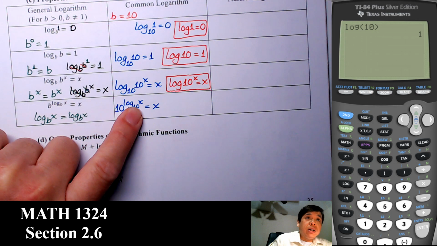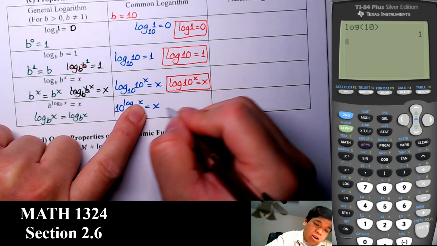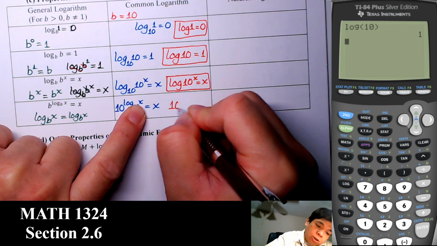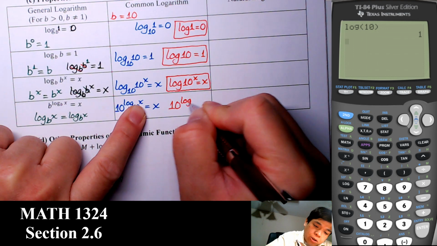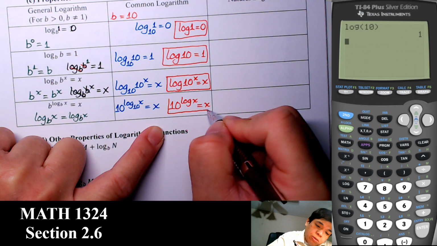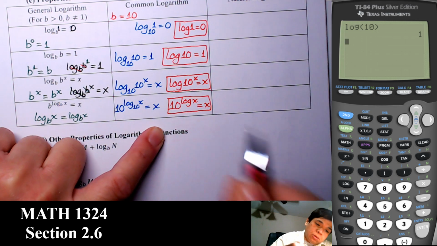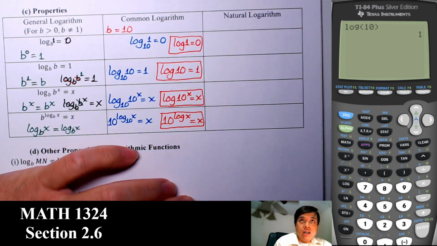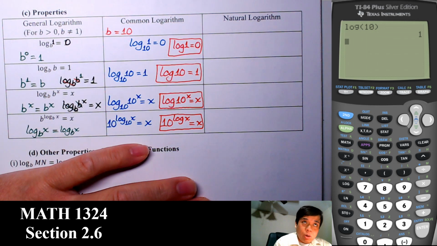And then for the common log we don't need to write the base 10 in the log. So that is common log when b is equal to 10.